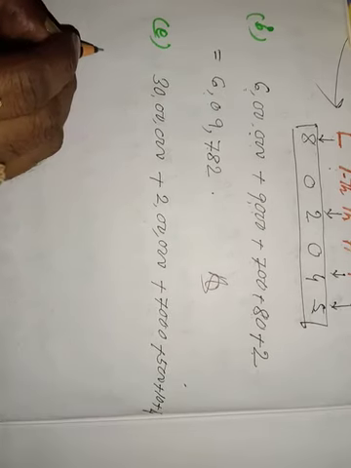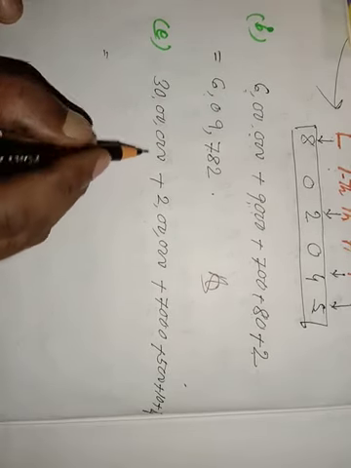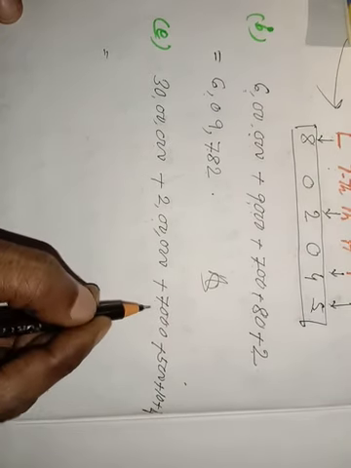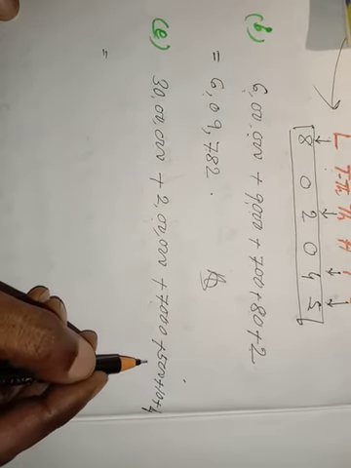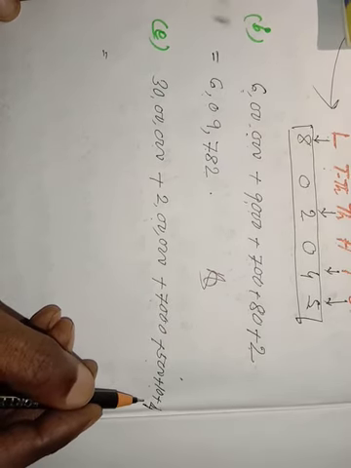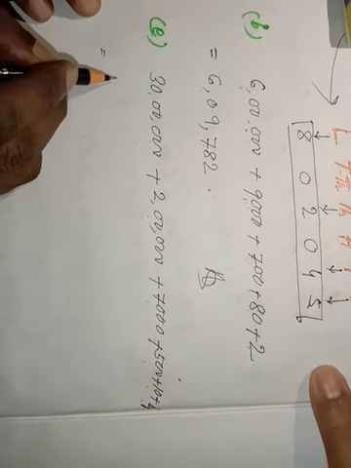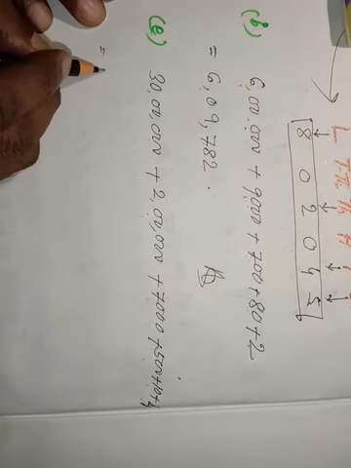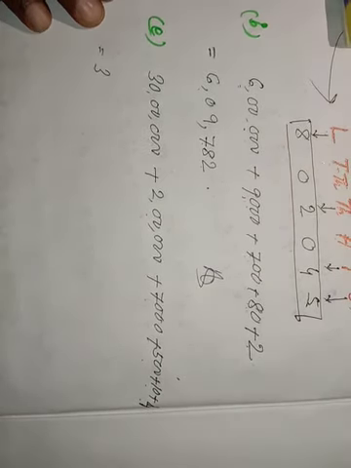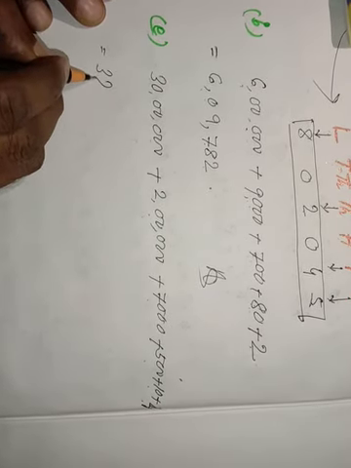See how to write here. First digit is 30 lakh. 2 lakh. 7,000. 500. 10. Last digit is 4. Okay. First I write 3. After that I write 2 lakh means 32.